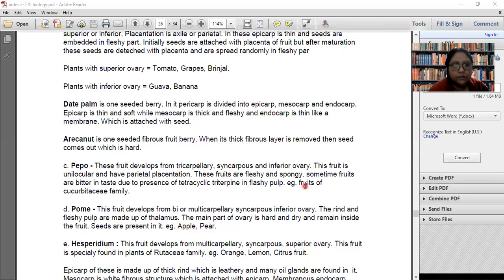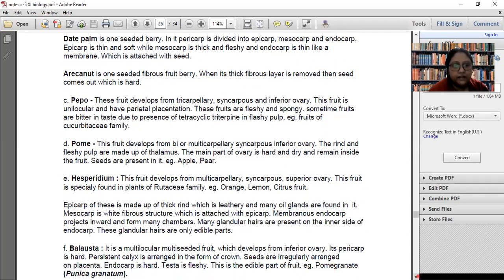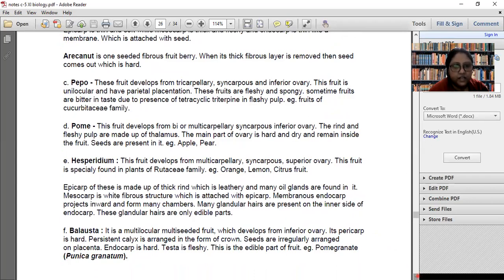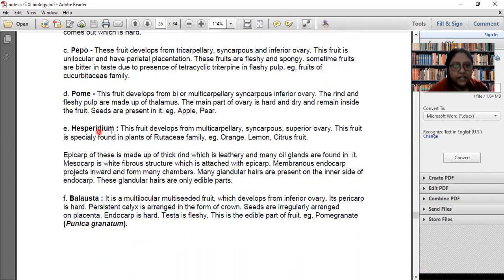So, in the case of pome, which is a false fruit like apple and pear, the main part of the ovary is present inside the fruit, and the fruit that we eat is something different. Hesperidium is a type of fruit, found in lemon or citrus fruit.